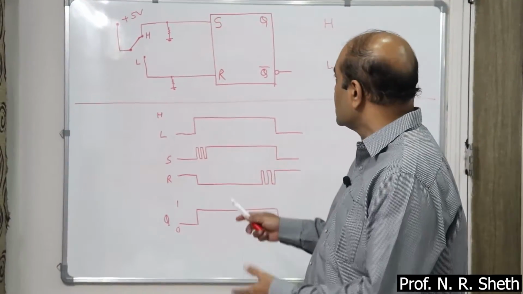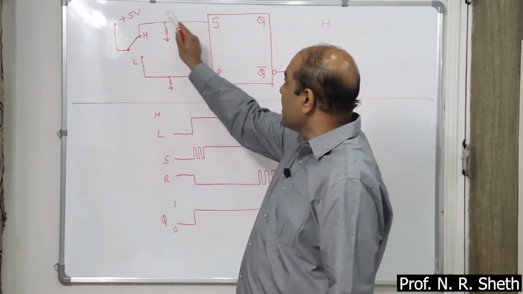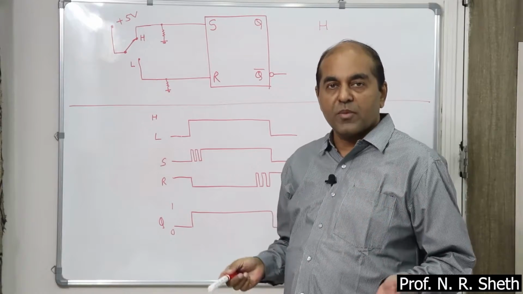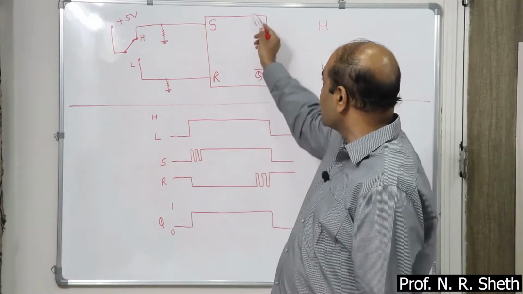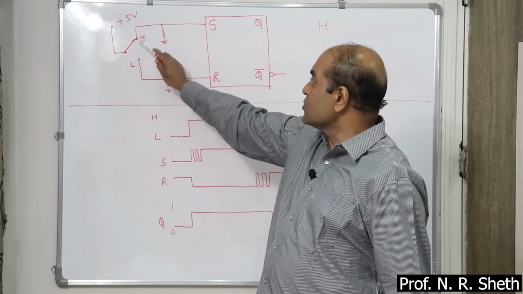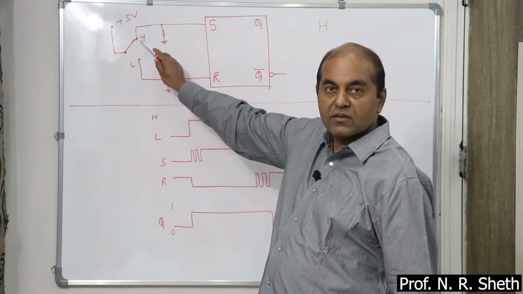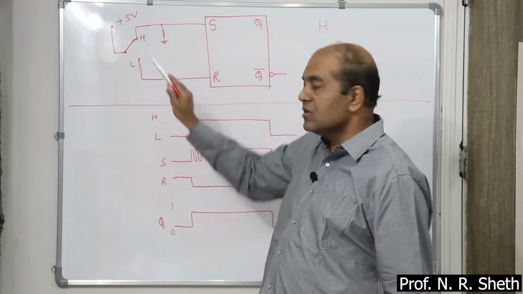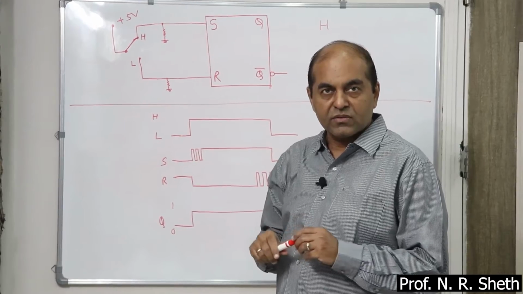So this is your mechanical switch. And to eliminate this contact bounce problem, we are using an RS flip-flop. When this is the situation, that is position 1, it is a high condition. When the switch is here, you can say it is a low condition.